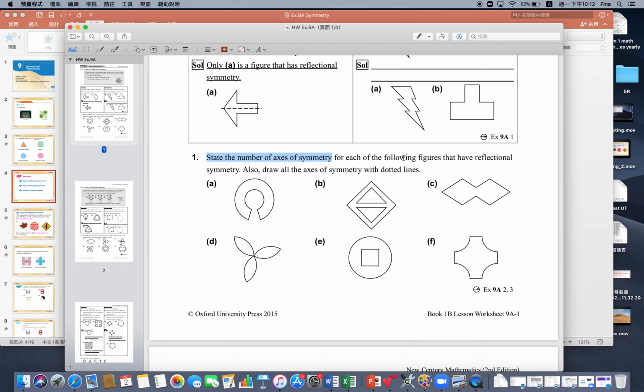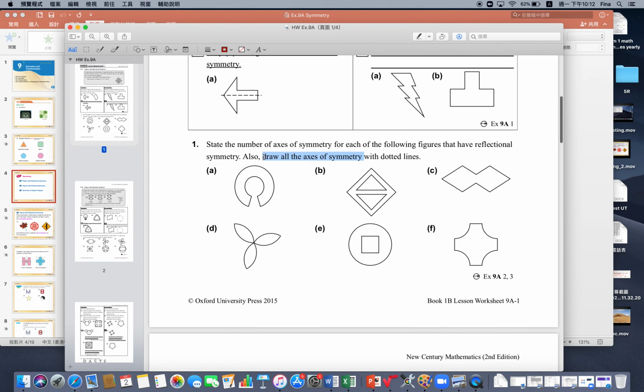And then for each of the following figures that have reflectional symmetry, that means if the figure has reflectional symmetry, you have to state the number of axes. And the next task is that you have to draw all axes of symmetry. That's why here you have 2 jobs.